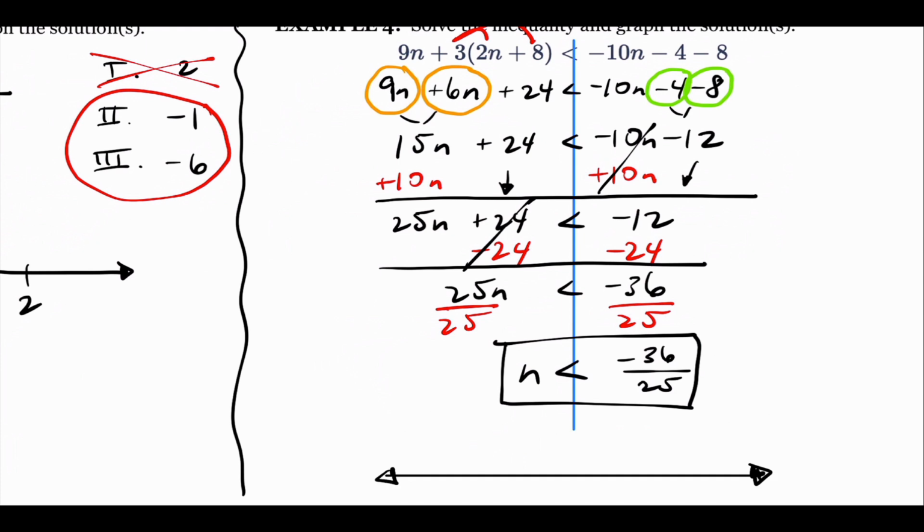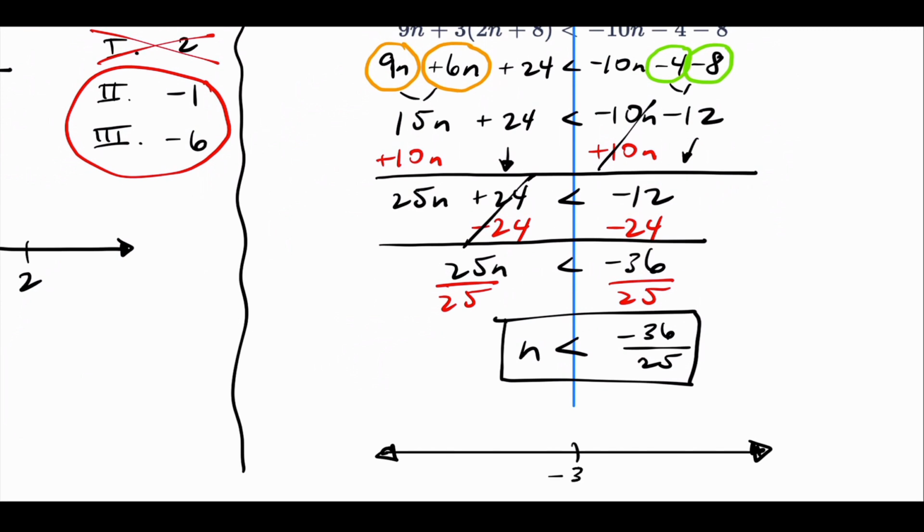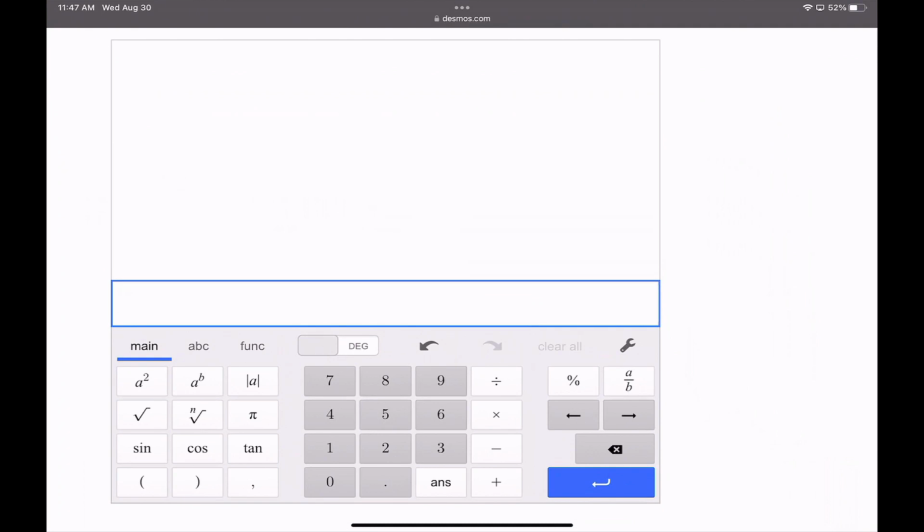Gotta graph it now. So that guy's going to go front and center. Negative 36 over 25. What are the two whole numbers that go to the right and to the left? Well, if you don't know, use your calculator. It's going to give me a decimal.